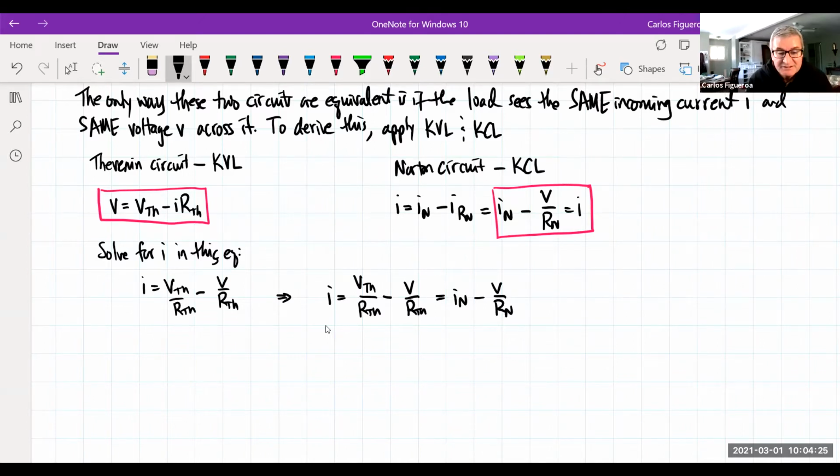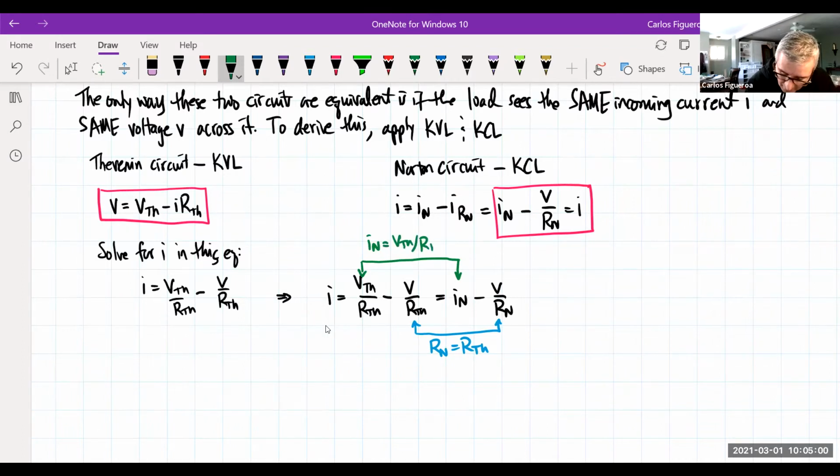So this is the condition in order for these transformations. What you can see here is that this term says that the only way these two terms can be the same is if Rn and RTH are exactly the same. And the other condition is this one right here. The only way you can make this condition is if IN is the same as VTH divided by RTH.